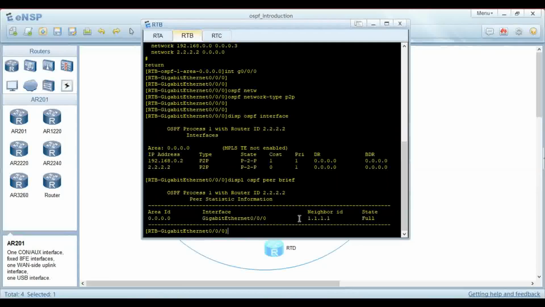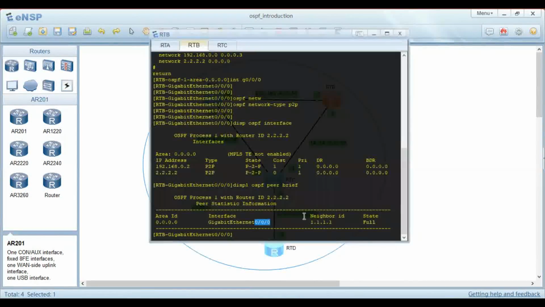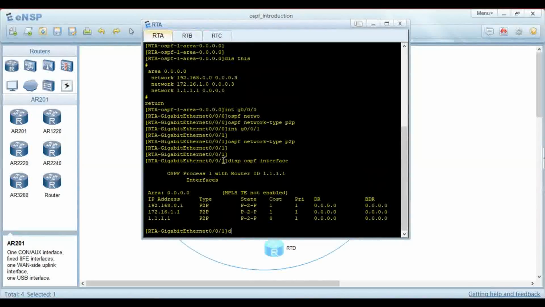You can see from this router that we already have a neighbor on G0/0/0. That neighbor's ID, remember we configured the router ID, is 1.1.1.1. Let's verify whether that is true. Let's say display router ID here.